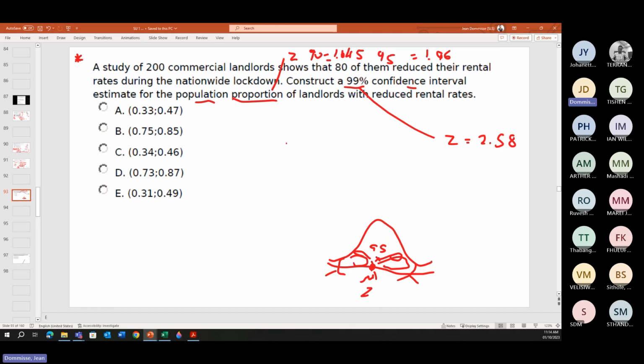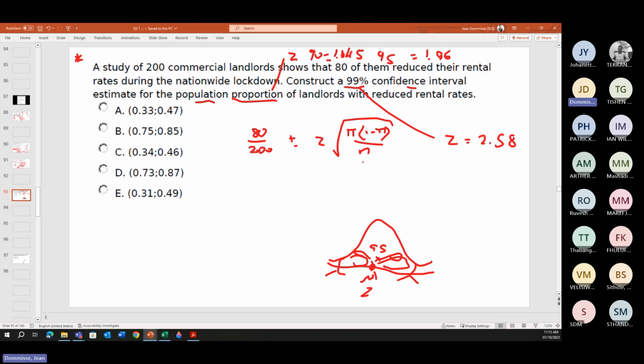Okay, so now we need to remember, we will get the proportion, which is 80 over 200, plus minus the Z. And now I'm not 100% sure about this formula. I think it's this. I hope so.